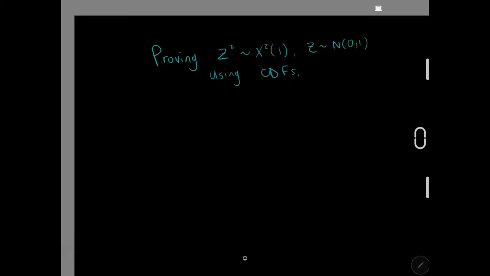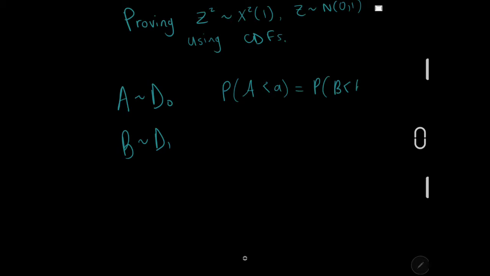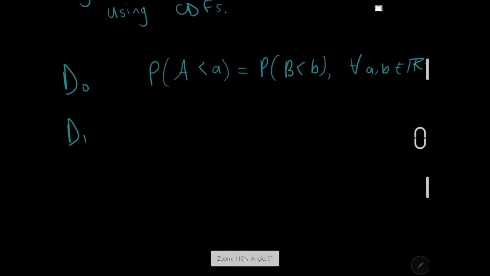So basically, if you have some A distributed with some distribution, D0 for instance, and you have another variable B distributed with D1, then if you can show that the probability that A is less than small a is the same as the probability that B is less than small b, for all a and b in the real line, then that means that you have shown that D0 and D1 are the same.